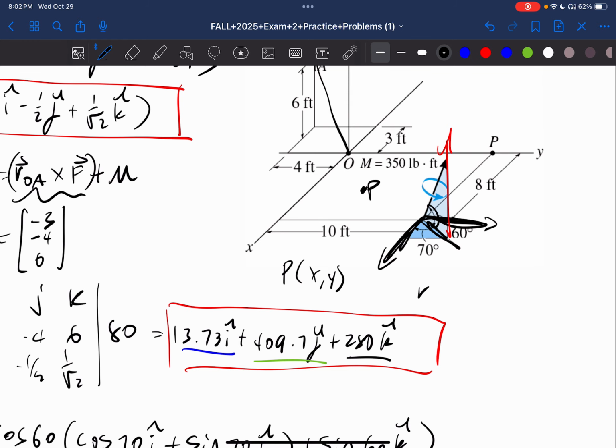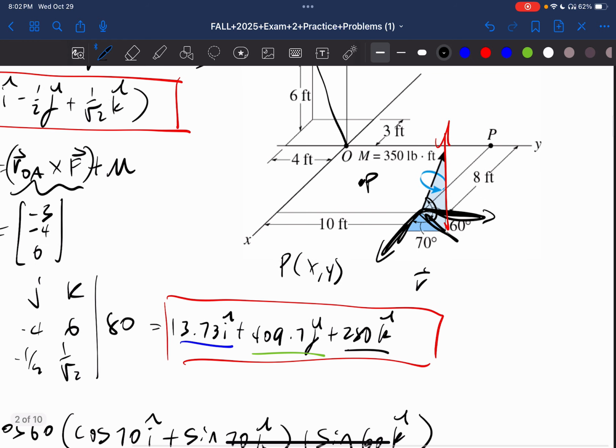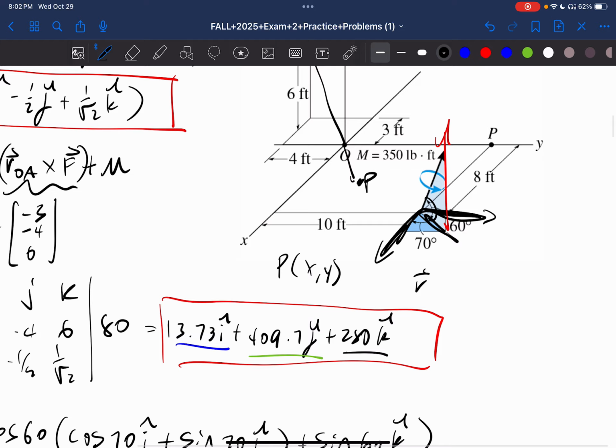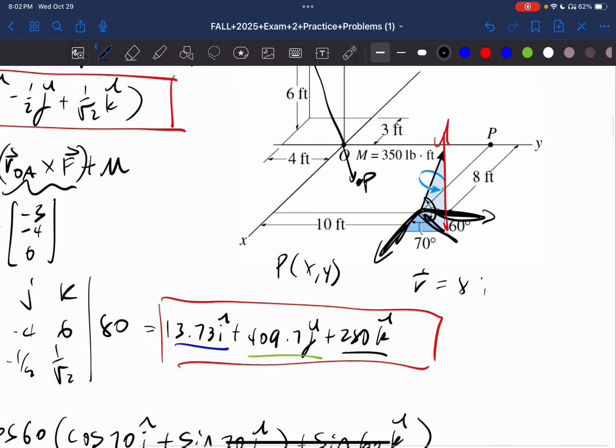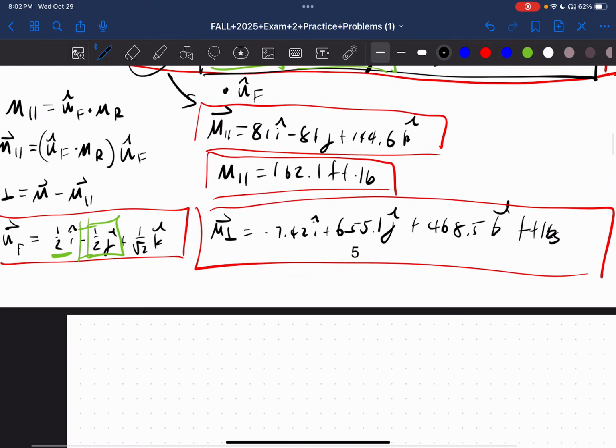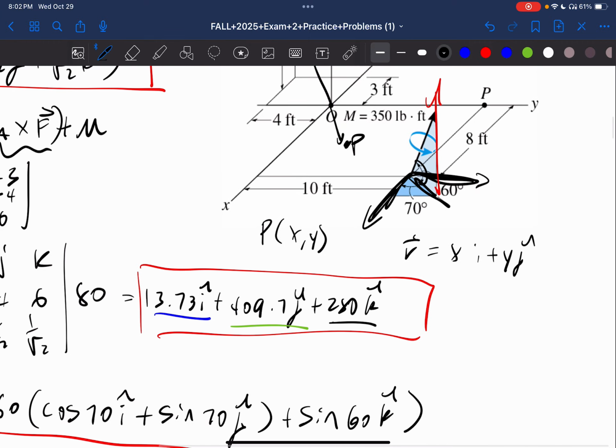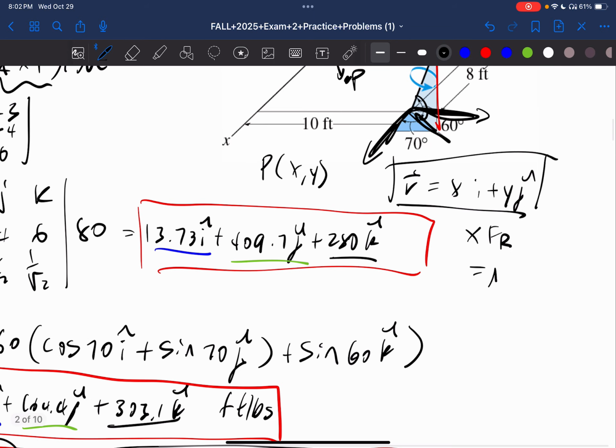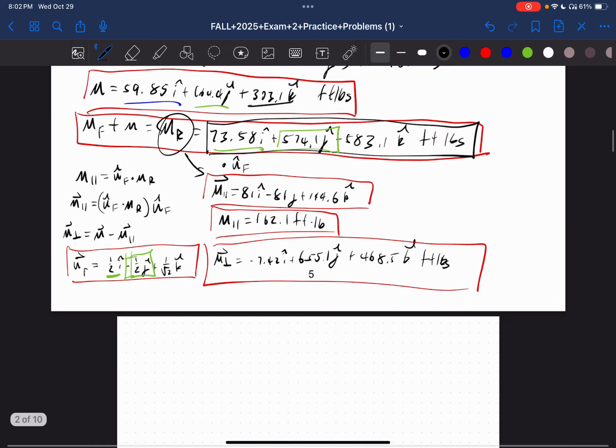And the vector from O to this is going to be equal to X i plus Y j. And we want this crossed by the force resultant to equal the moment perpendicular.